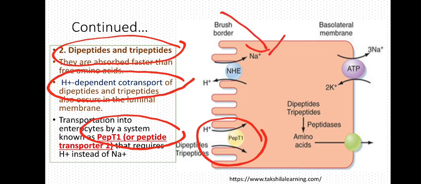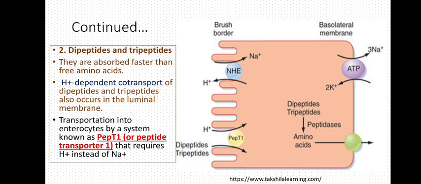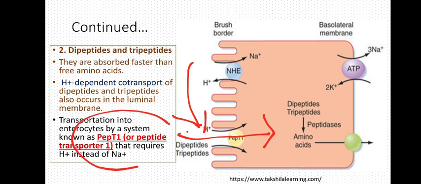In the beginning, sodium will be taken into the cell, and proton from the cell is taken out to increase its concentration here in the lumen. Okay. Then what happens, once the concentration has increased here, next the dipeptides and the tripeptides will be passed in through this peptide transporter 1 together with the proton.